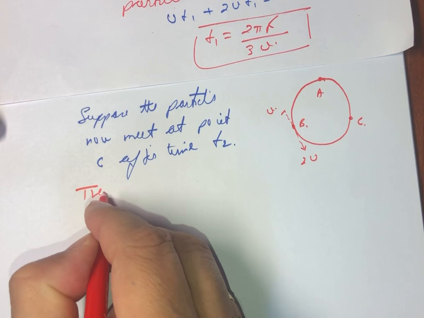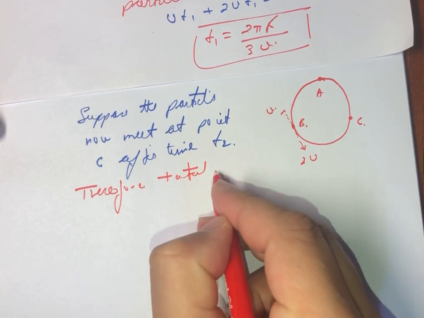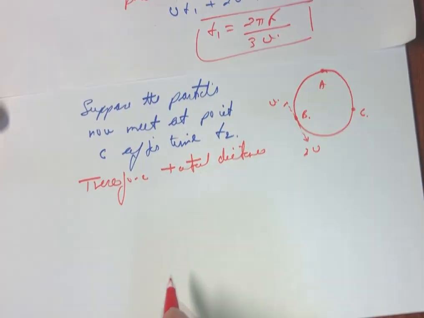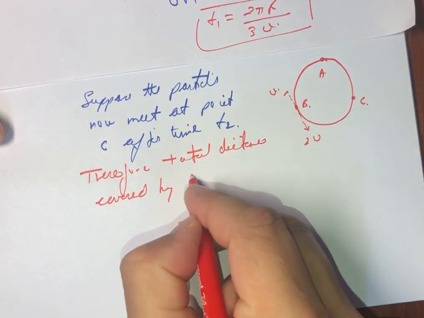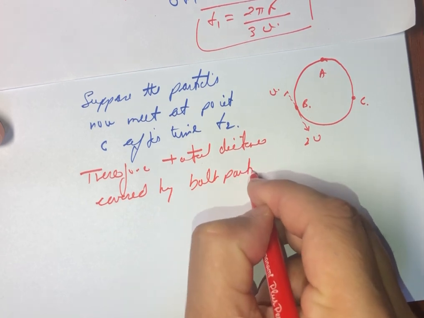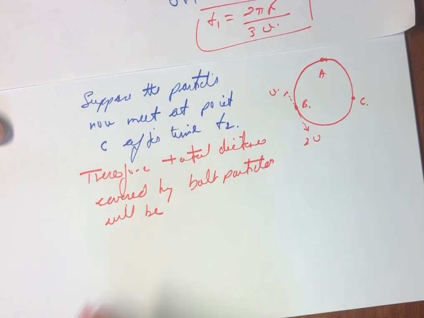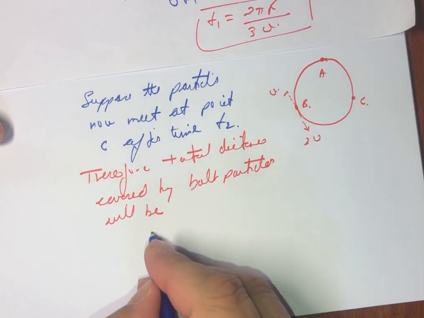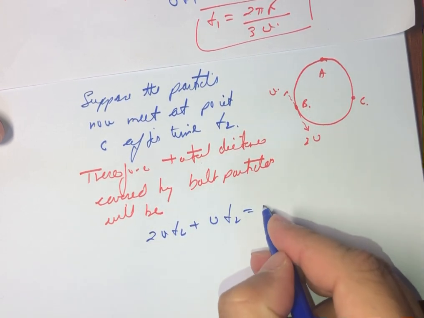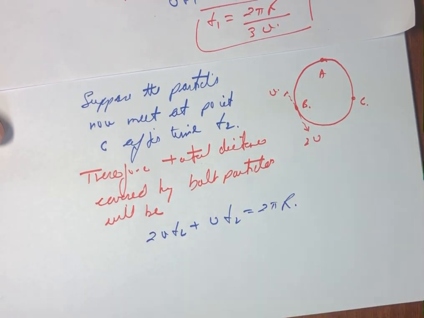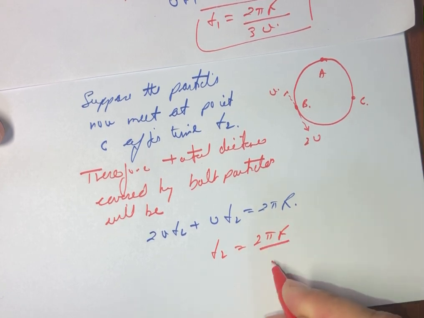Therefore, the total distance covered by both particles will be, we can say this way, 2vt2 plus vt2 is equal to 2 pi r, and here also we get t2 is equal to 2 pi r by 3v.